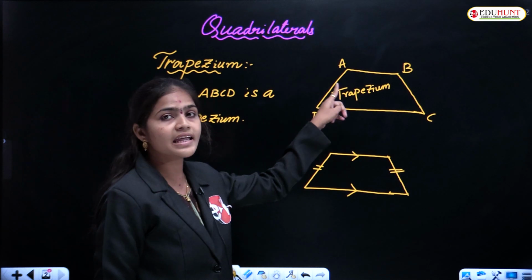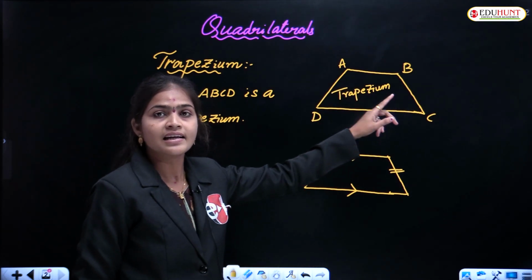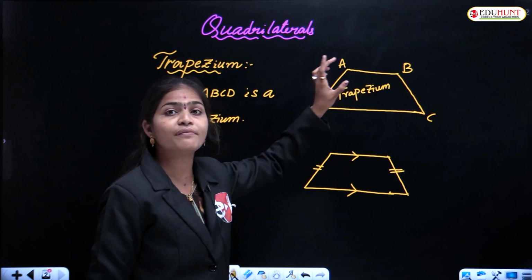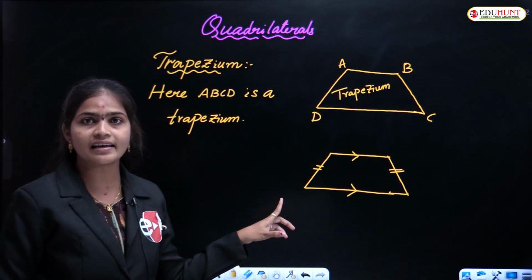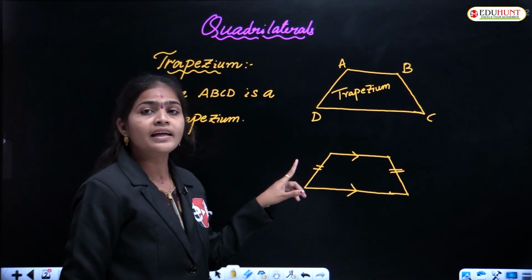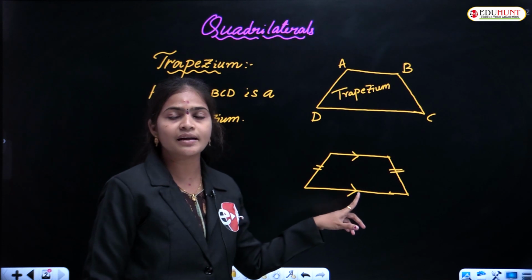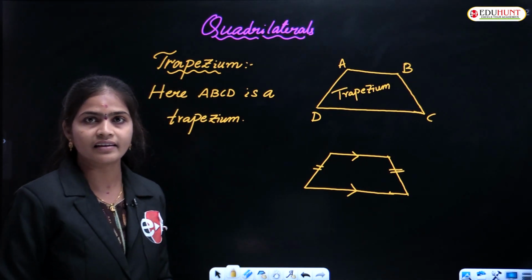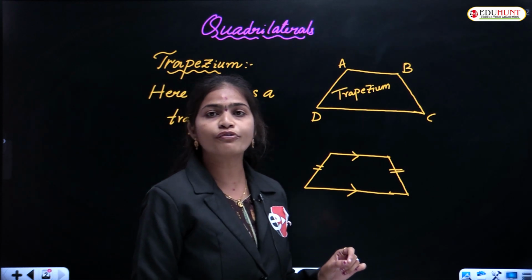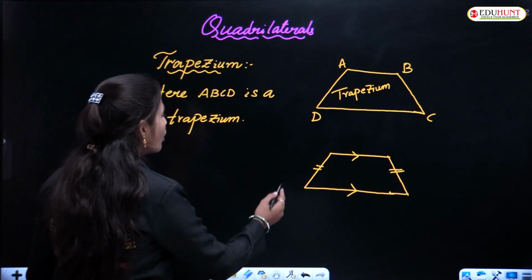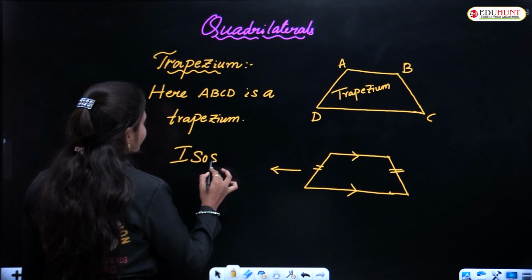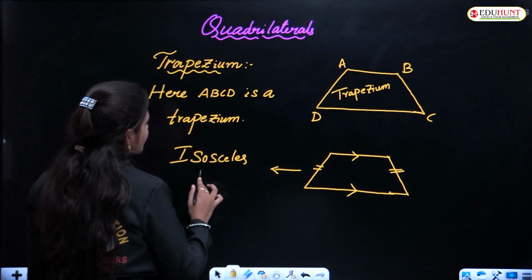Here we are not saying anything about the non-parallel sides, just that one pair of opposite sides is parallel. Then we will call that quadrilateral a trapezium. And in a trapezium, if the non-parallel sides are of equal length, then we will call the trapezium an isosceles trapezium.